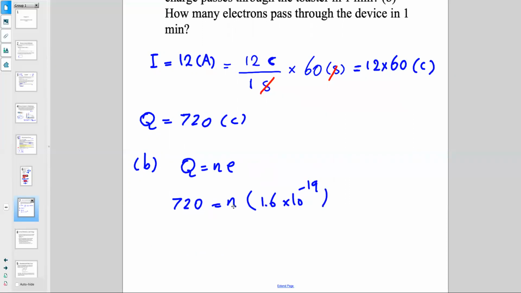Now we're solving it for N. N is 720 over 1.6 times 10 to the negative 19. Whatever it is, you can put it in your calculator. Find the number of electrons that are passing through, that are causing 720 coulombs.